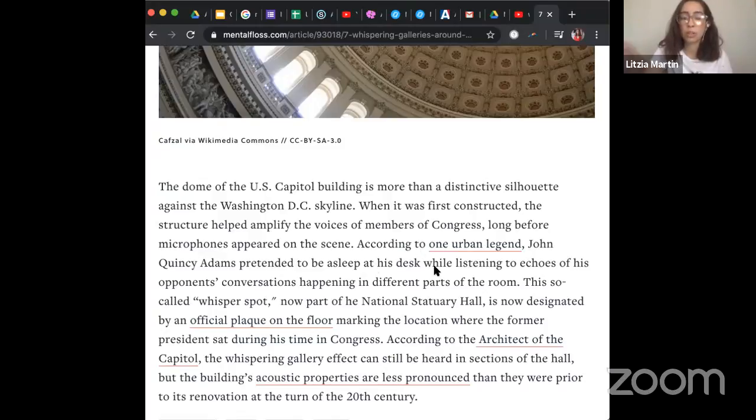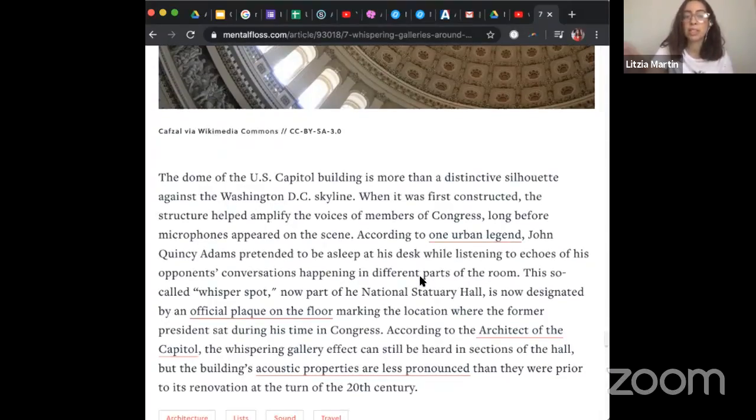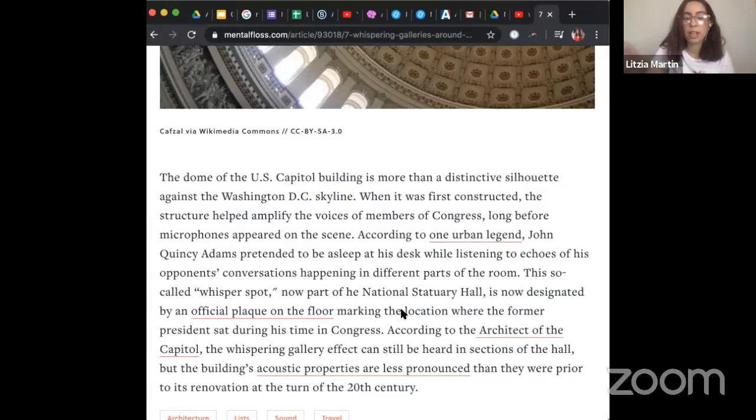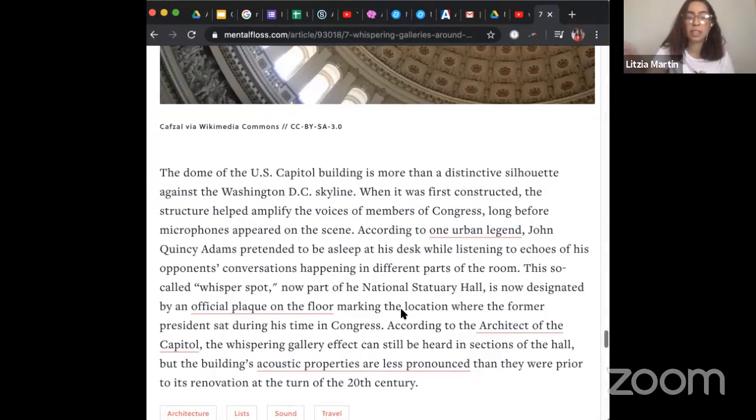According to one urban legend, John Quincy Adams pretended to be asleep at his desk while listening to echoes of his opponent's conversations happening in different parts of the room. This so-called whisper spot, now part of the National Statuary Hall, is now designated by an official plaque on the floor, marking the location where the former president sat during his time in Congress.